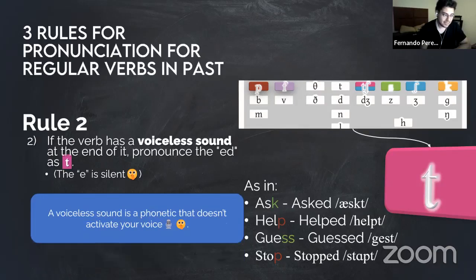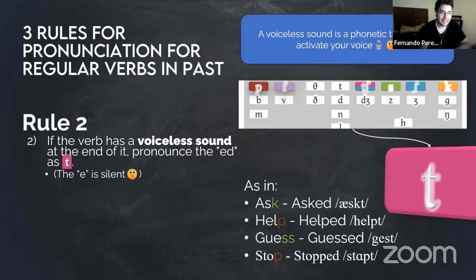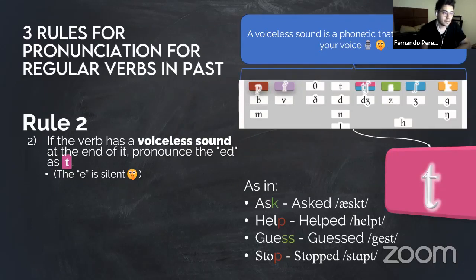This is fundamental to understand rule number 2. So the P, the F, the T, the Ch, the S, the Sh, and the K, these are sounds that have no voice.